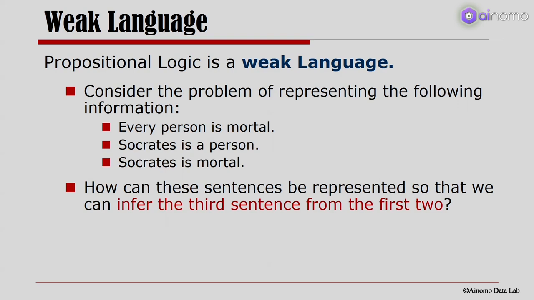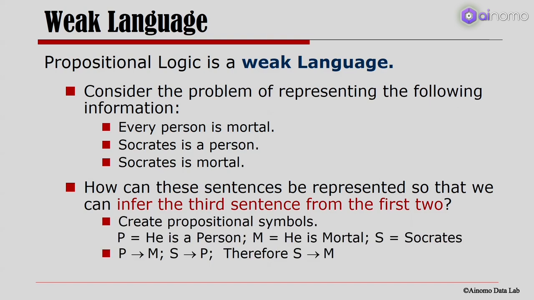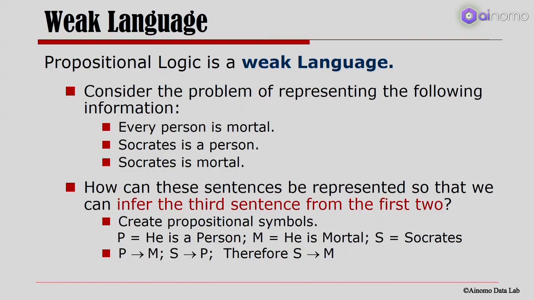How can these sentences be represented so that we can infer the third sentence, that Socrates is mortal, from the first two? In order to do that in propositional logic, I would need to create propositional symbols. So here I have P to mean that he is a person, M, he is mortal, and S to represent Socrates.